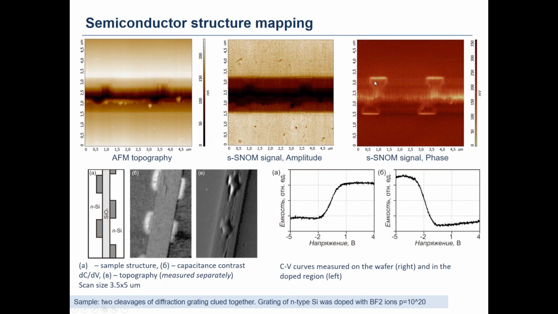So one can determine with this technique the difference in the dopant level of the semiconductors. And these results are supported and confirmed by the results of the scanning capacitance microscopy, dC/dV, presented in the bottom part of the slide, especially on the CV curves.